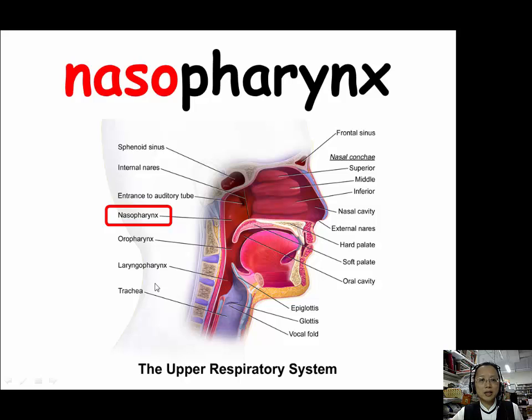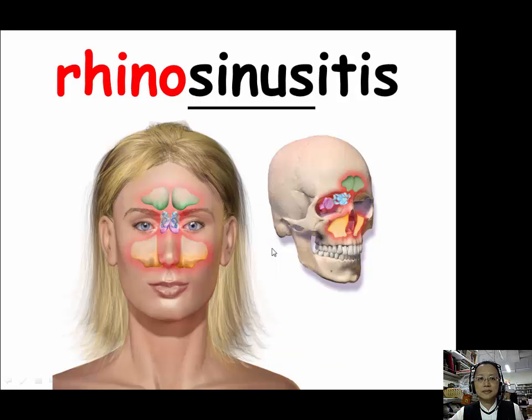And the lower part is the laryngopharynx. Our example for rhino is rhinosinusitis. Rhinosinusitis is the inflammation of the paranasal sinuses. It actually hurts a lot.